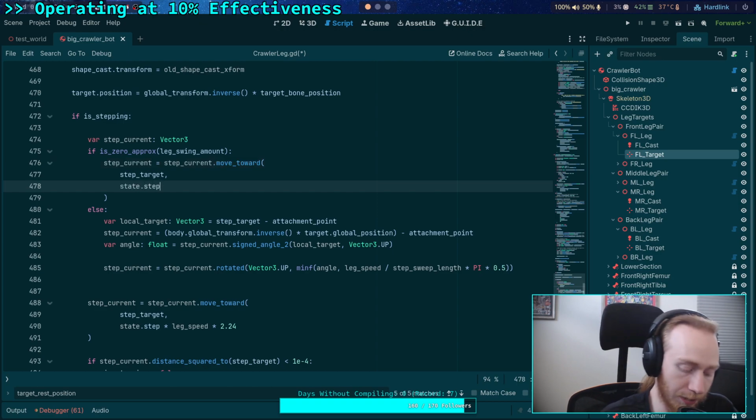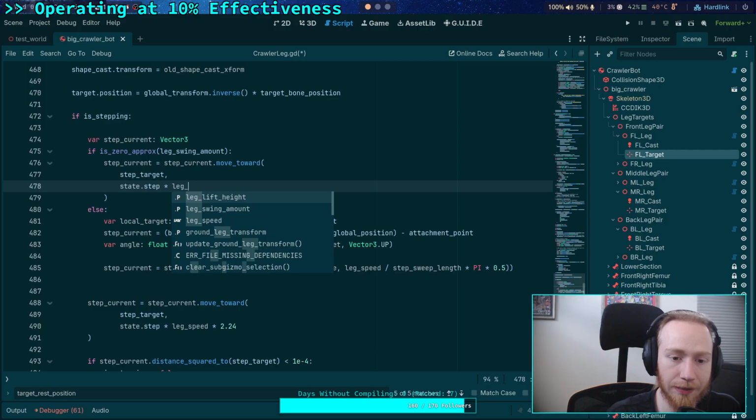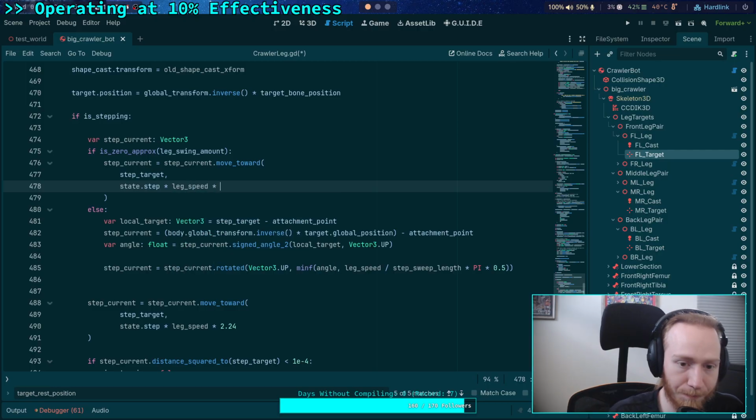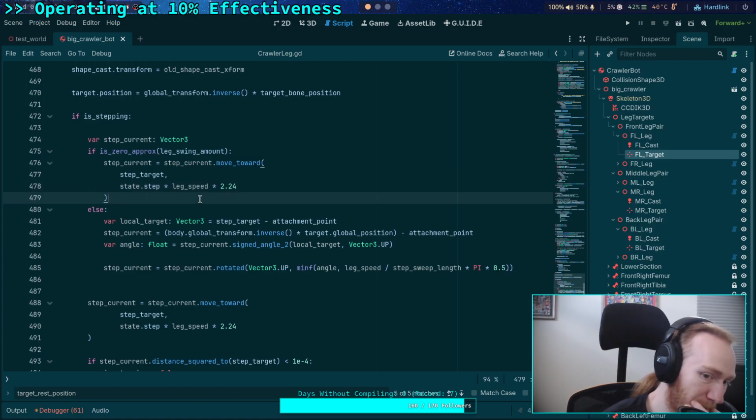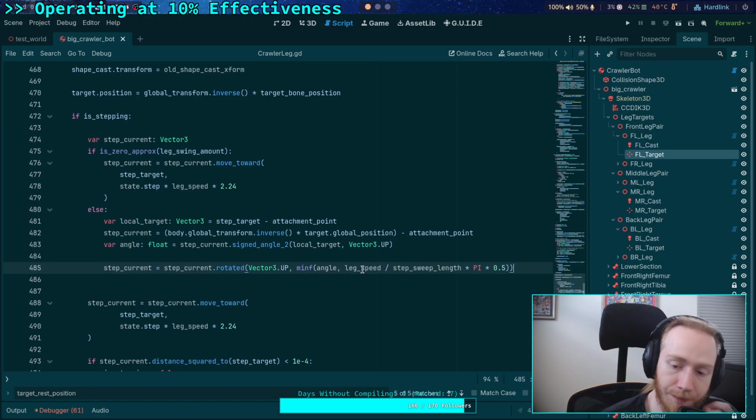Now that I had the delta in there, but I feel like that's just not right. I can bring it back again. The angle, rotated, leg speed. So this is the rate that I rotate at.